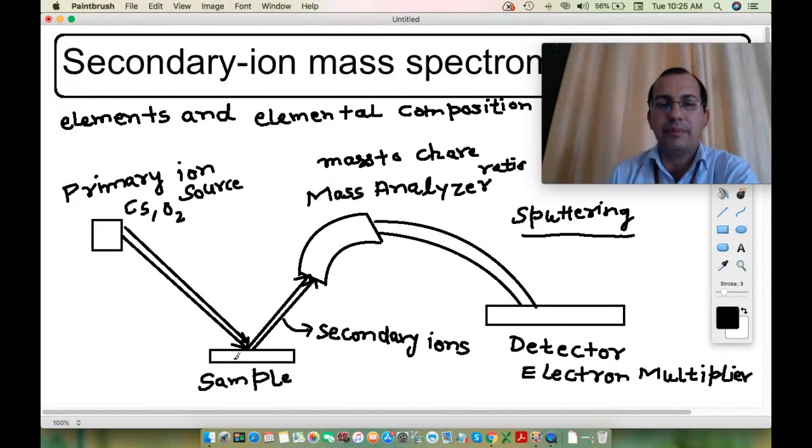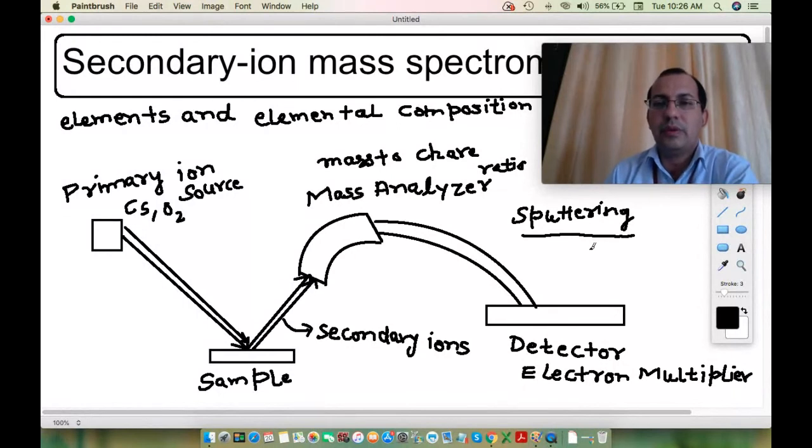In that case, some of the material will be removed from the sample, and that can be in the form of secondary ions. The process of removing material from the surface of the film, going off in different directions, is known as sputtering.